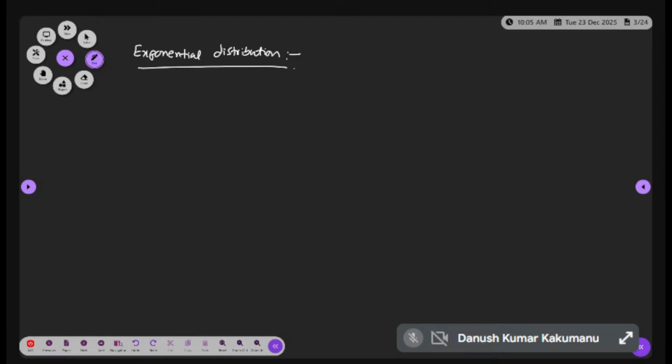What is the nature of the random variable in exponential distribution also? Continuous. Continuous is represented by what? PDF. Okay.